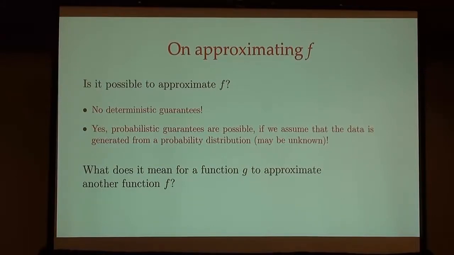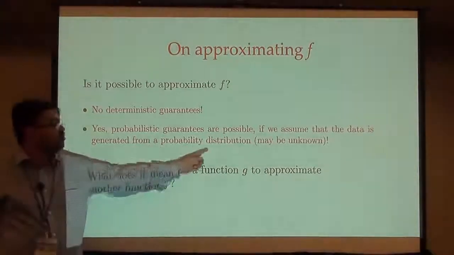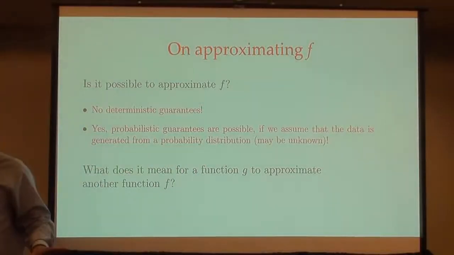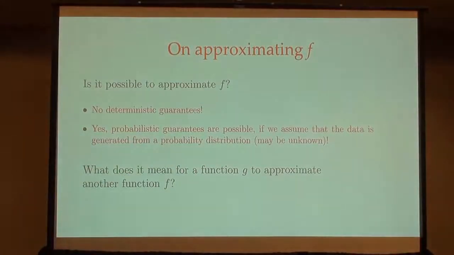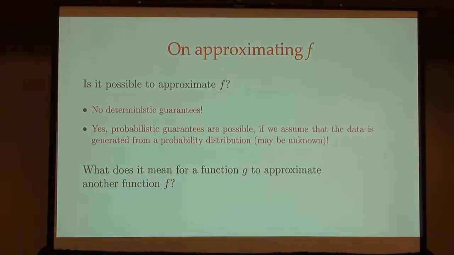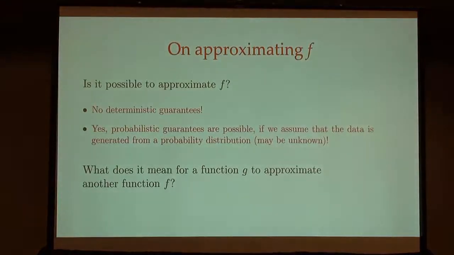There is always an implicit assumption about the way data is being generated. The usual assumption, which you will see in every learning book or paper, is that the data is generated from a probability distribution, which may be unknown, that's fine. But technically you need this assumption. Without it, the learning problem is not mathematically well posed. You cannot learn.